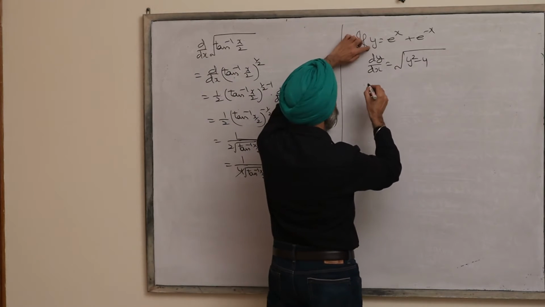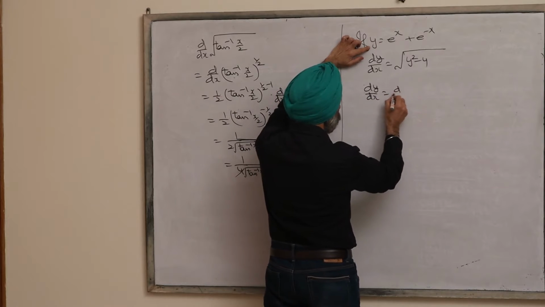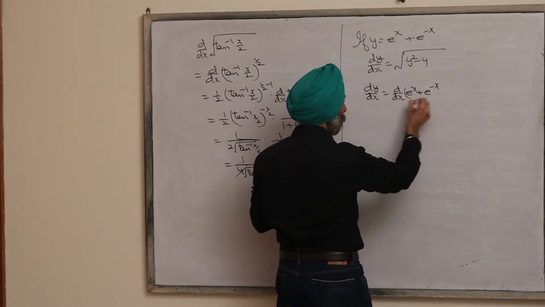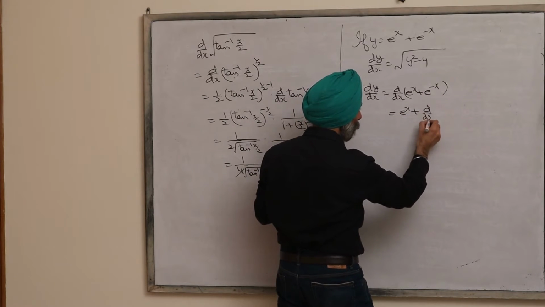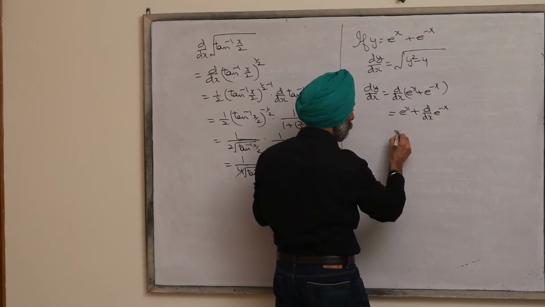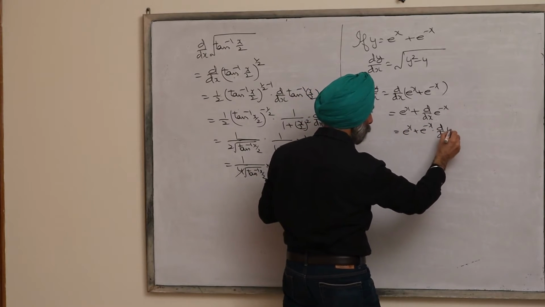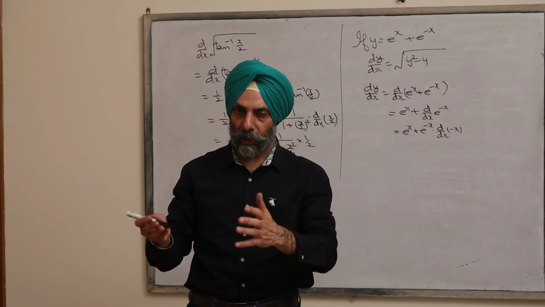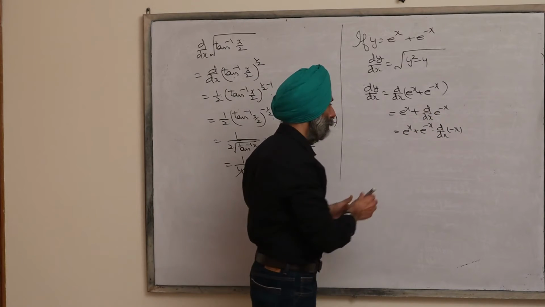First we will differentiate this. So dy over dx is equal to d over dx of e raised to x plus e raised to minus x. It is e raised to x plus e raised to minus x into d over dx of minus x. Whatever additional function is there needs to be differentiated, because this is additional here, minus x.